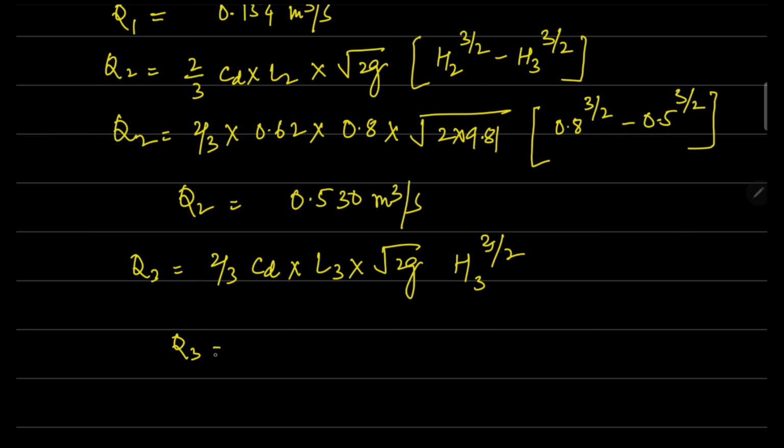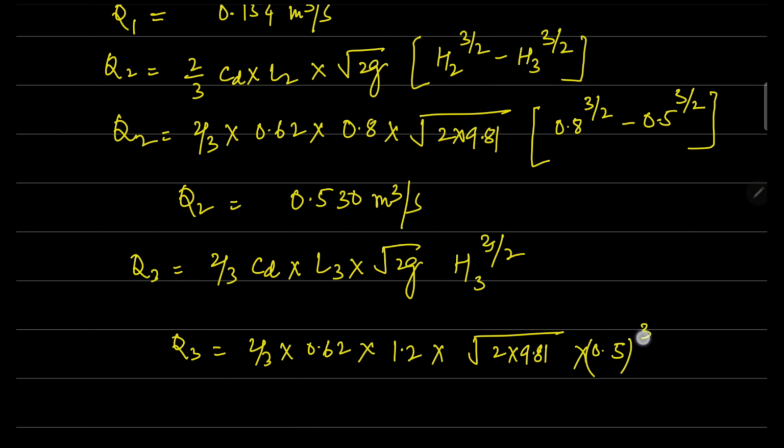So Q3 is equal to 2 by 3 multiplied by 0.62, L3 is 1.2 meter, multiplied by under root 2 multiplied by 9.81, multiplied by H3 which is 0.5, raised to the power 3 by 2. So Q3 is coming out to be 0.776 meter cube per second.